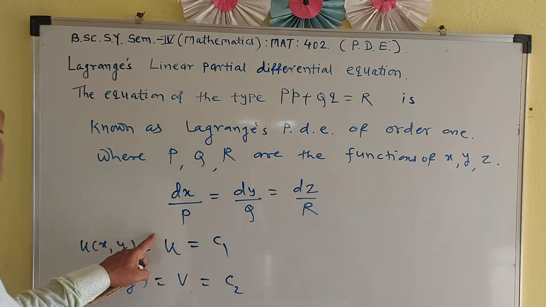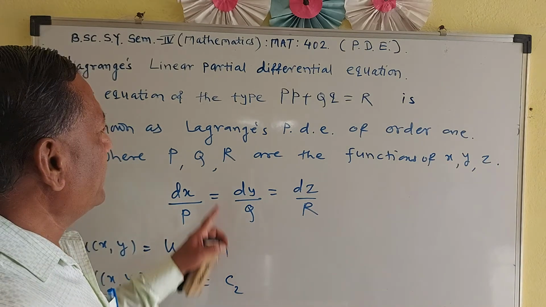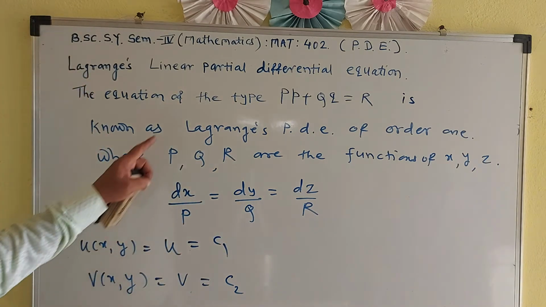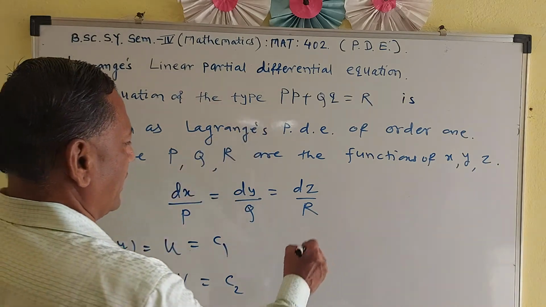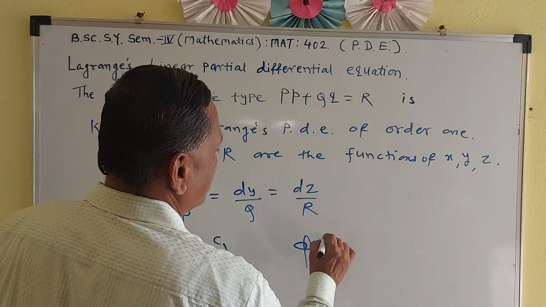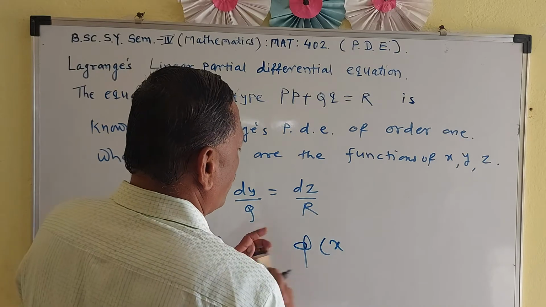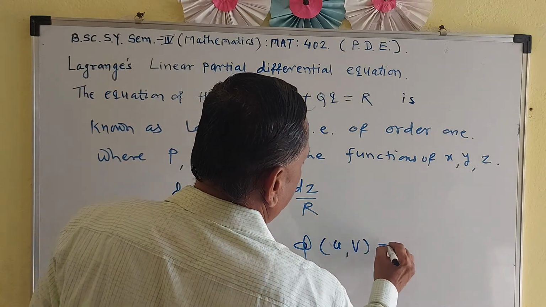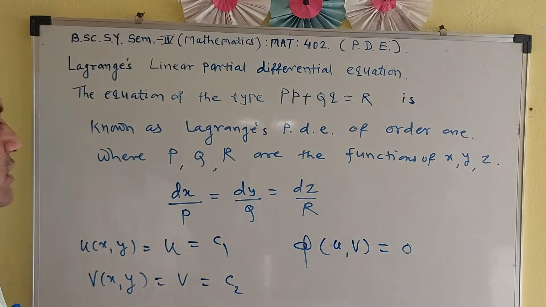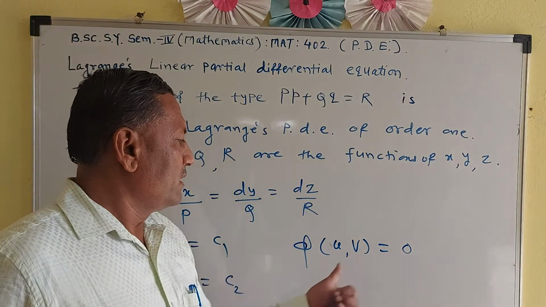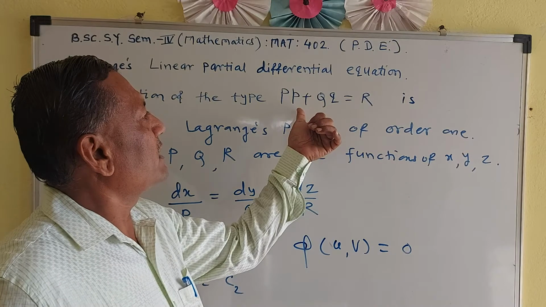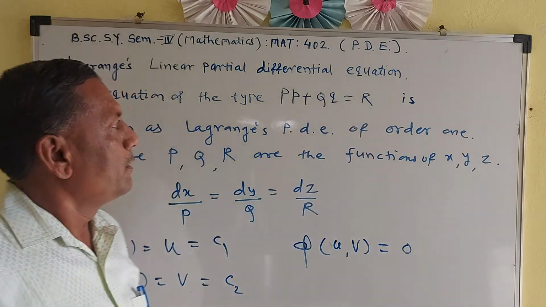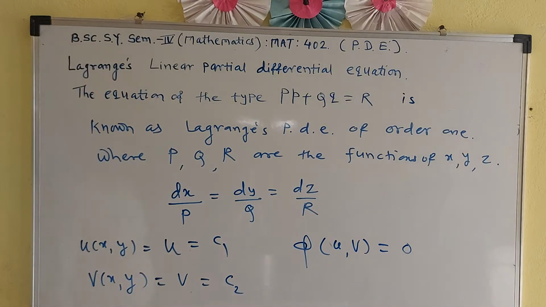So this is one part, this is another part, and the required general solution of Lagrange's partial differential equation is phi of u, v is equal to 0. So this is the general solution of partial differential equation Pp + Qq = R.